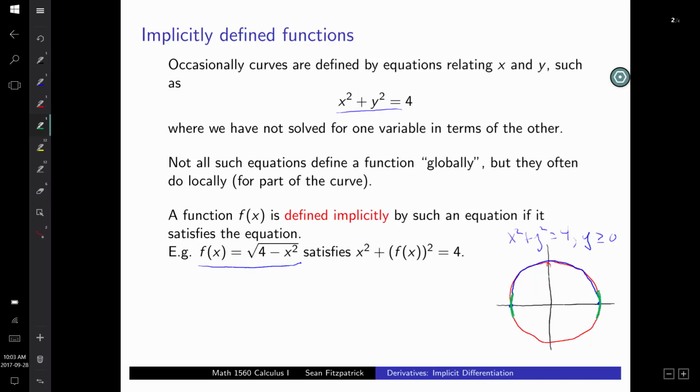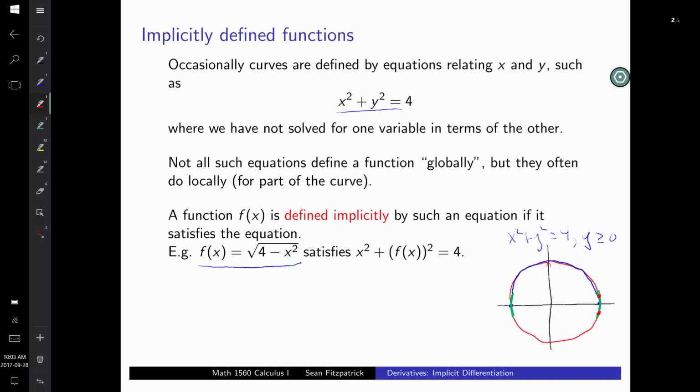That's not going to define a function, because the same x value gives me two different y values. But I could take the top half or the bottom half, and I would get a function.